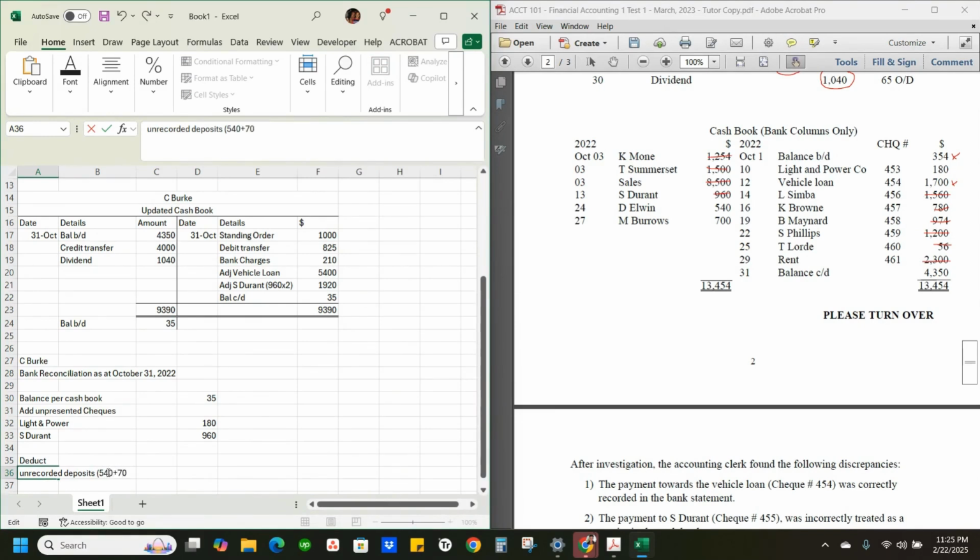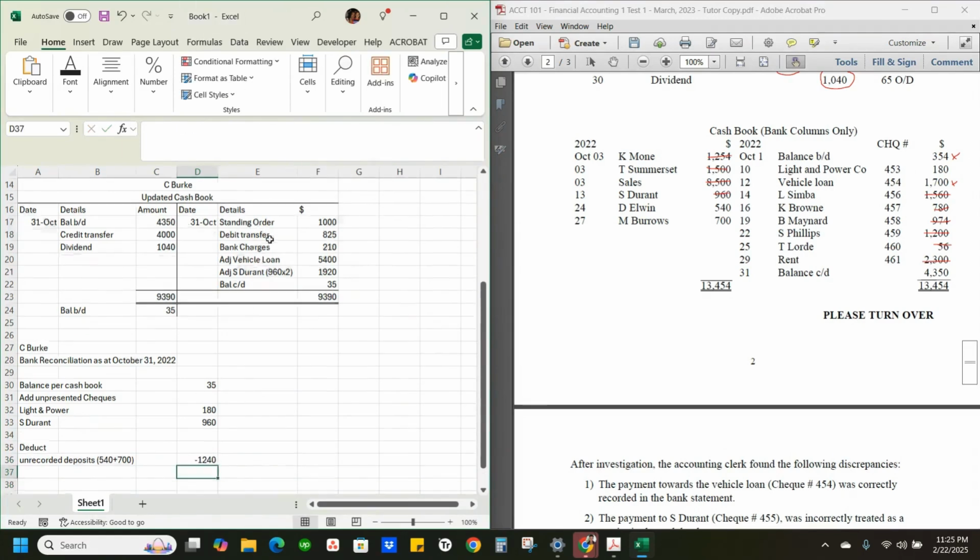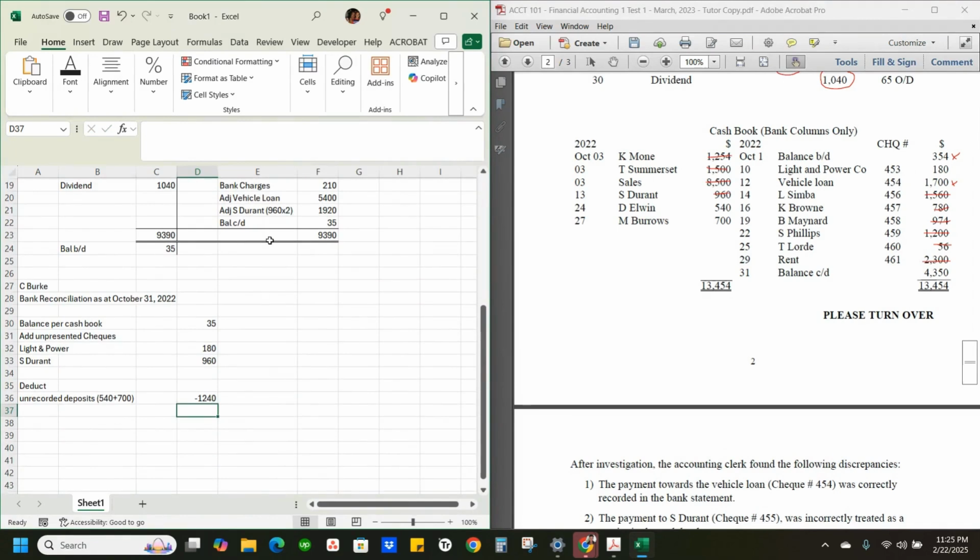So this would be 540 plus 700, the sum of those two, equals, and remember we're deducting these, negative 540 plus 700.